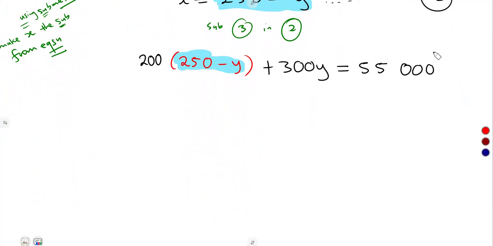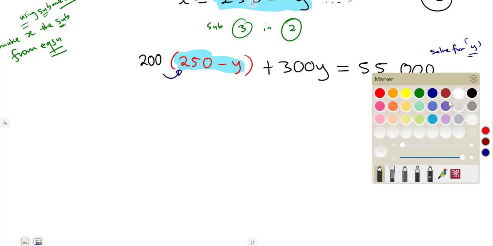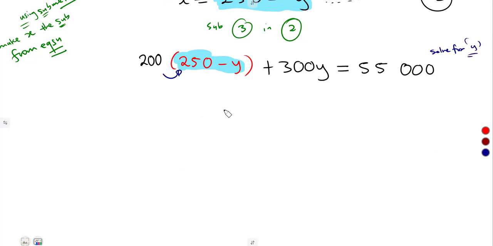Solve for y. How can we solve for y? All right. There are brackets, expand, distribute, multiply this. That's 200 times 250. If you were to multiply, that was going to give us 50,000. So 50,000, 200 times negative y, that's negative 200y there.